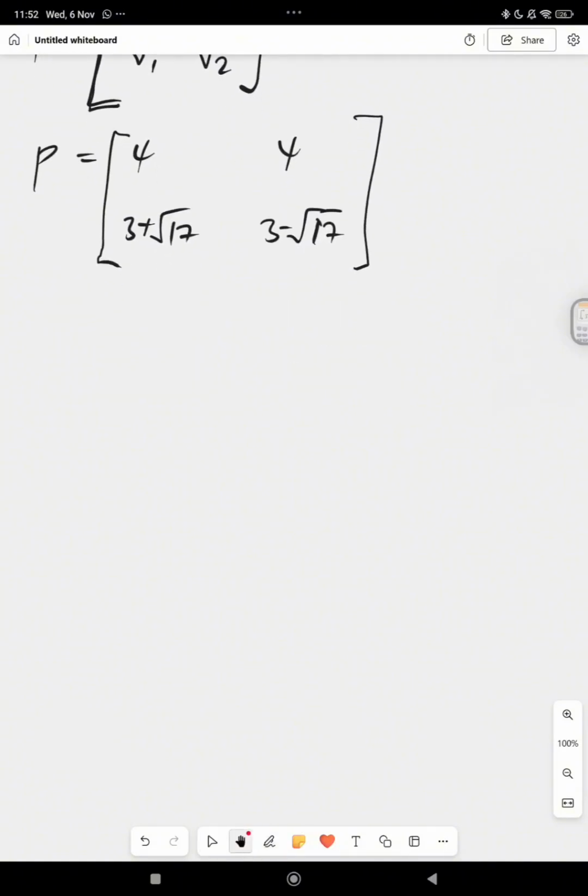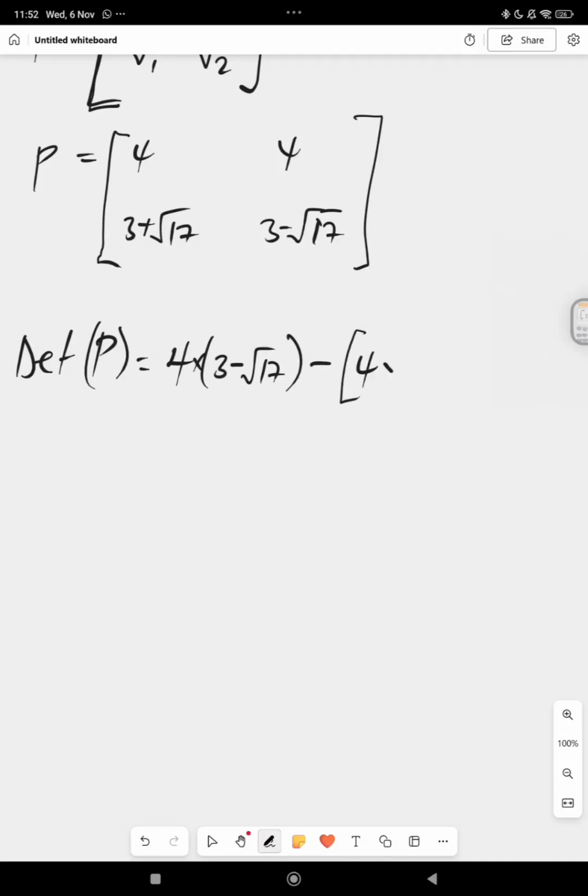If we want to find our P inverse, we have to find the determinant of P. So the determinant of P is given by 4 times 3 minus square root of 17, minus 4 times 3 plus the square root of 17.